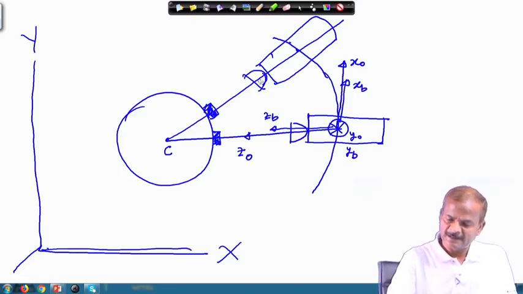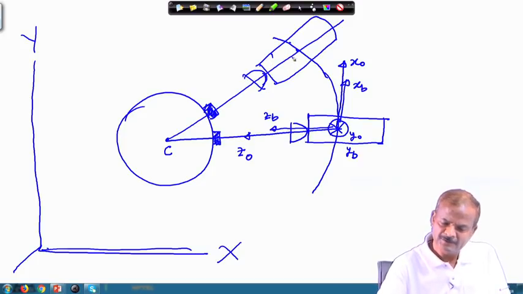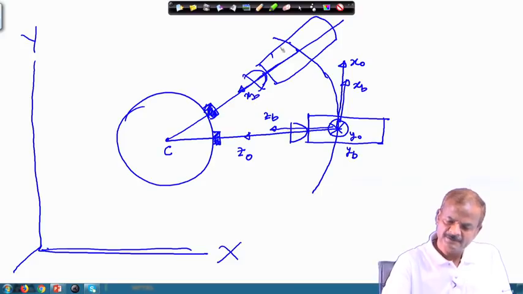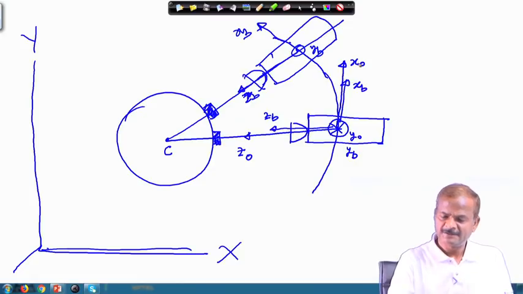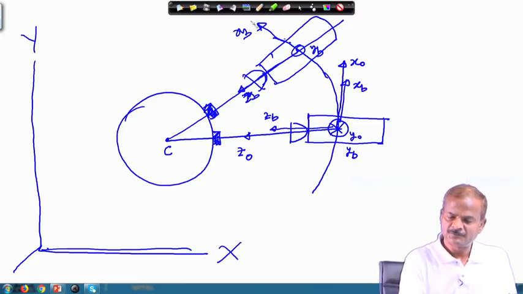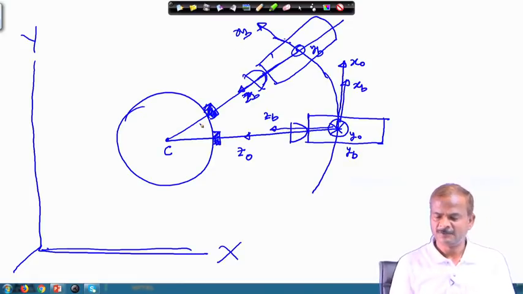So, if the camera is maintained along the center of the earth all the time, again your z body axis should be here, x body axis should go in this direction, and y body axis will be downward, and obviously your x 0 will also be along the x body and so on.